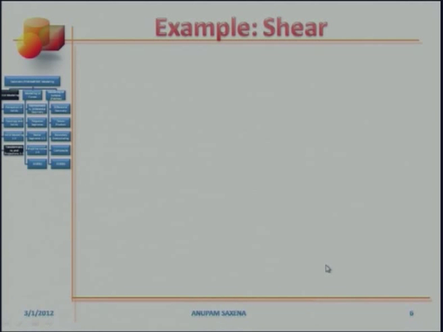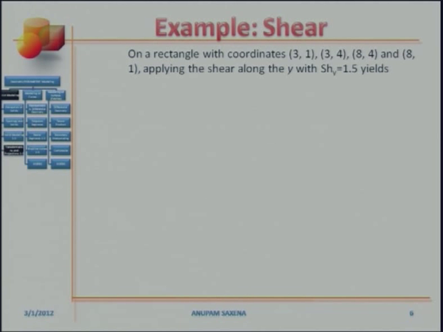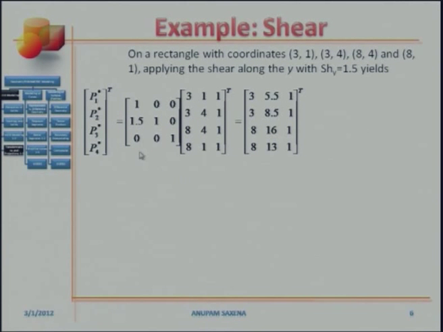A few examples of shear: on a rectangle with coordinates 3 1, 3 4, 8 4 and 8 1, if we apply shear along the y direction with the shear factor sh sub y as 1.5, we will get the new coordinates P1 star, P2 star, P3 star and P4 star.